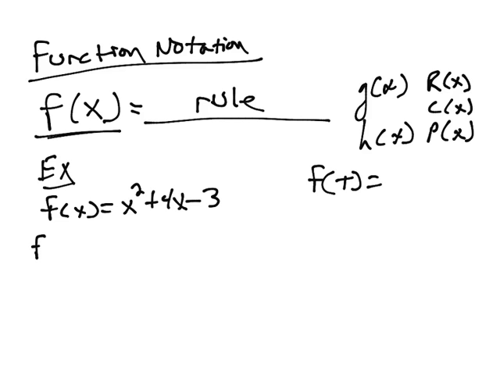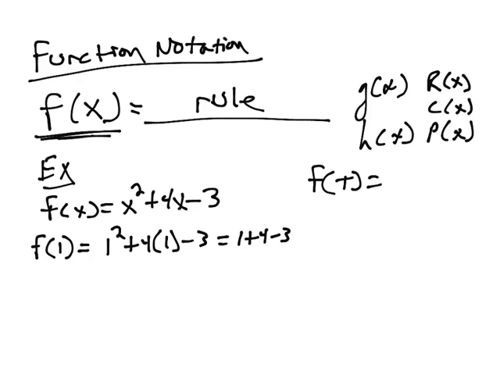Anytime you have the function notation, it's a function. Don't have to worry about it. So let's just pick some values and crank out the corresponding outputs. Like if we plug in 1, we'll get 1 squared plus 4 times 1 minus 3. So it'll be 1 plus 4 minus 3, which should be 2. So for this function, f evaluated at 1 is 2.